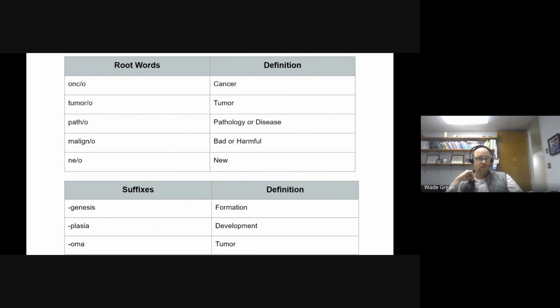That is a new growth, and we have to look and try to figure out in these patients whether that neoplasm is just a simple growth. Is it malignant or is it benign? Hopefully, if we're lucky, it's benign. The last suffix that I've given you for this lecture is oma. That is a suffix that means tumor.